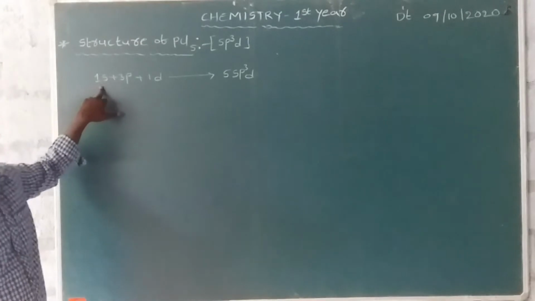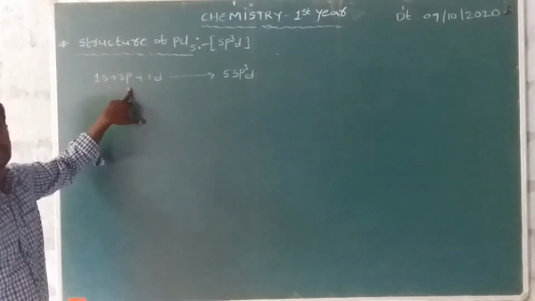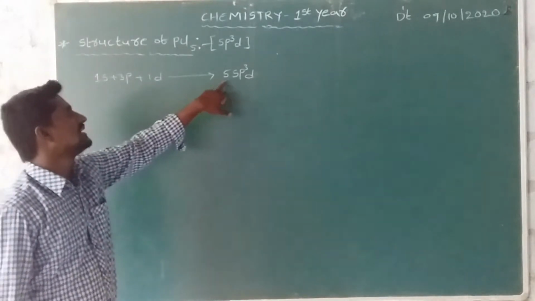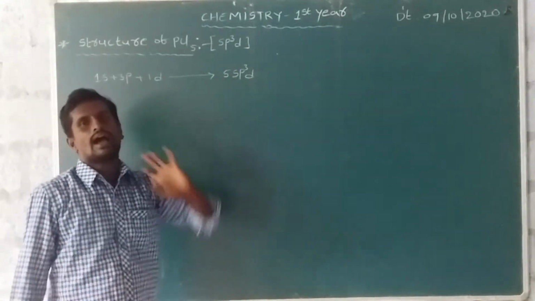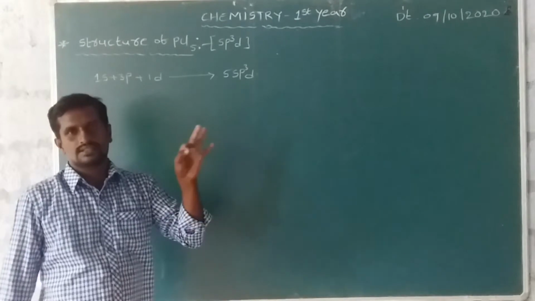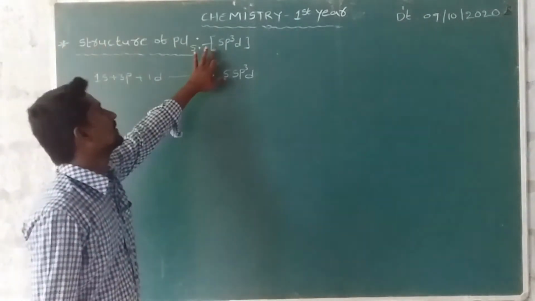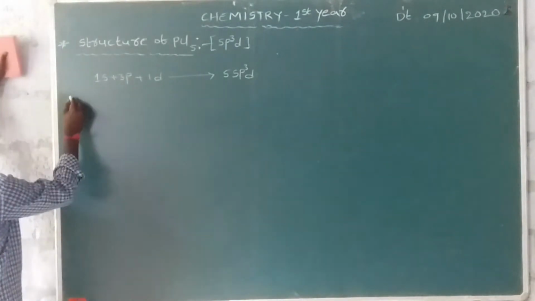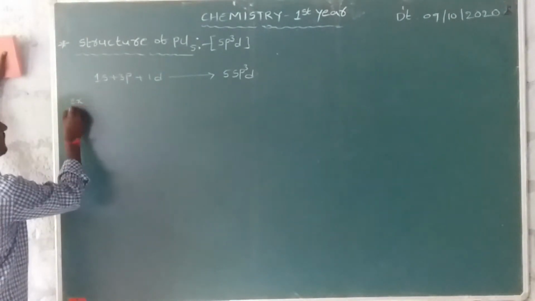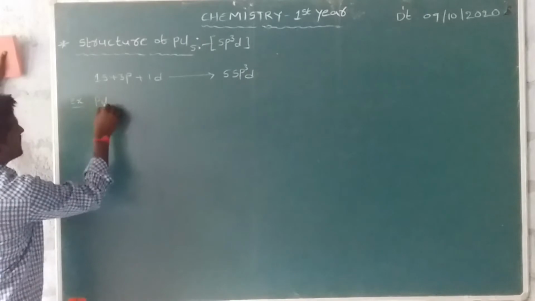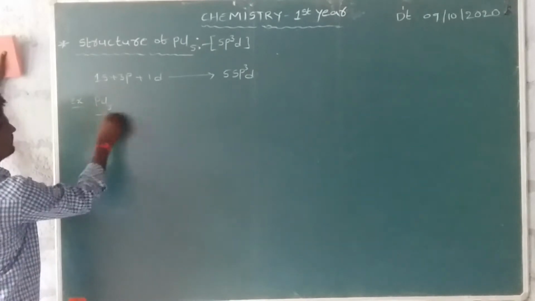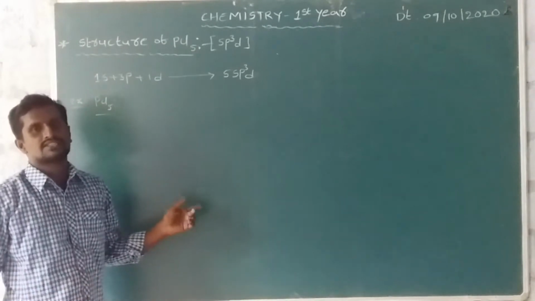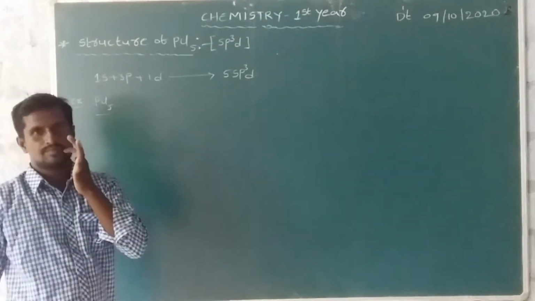One s orbital, three p orbitals and one d orbital overlap to form 5 sp3d hybridized orbitals. For example, the example of sp3d hybridization is PCl5, phosphorus pentachloride.